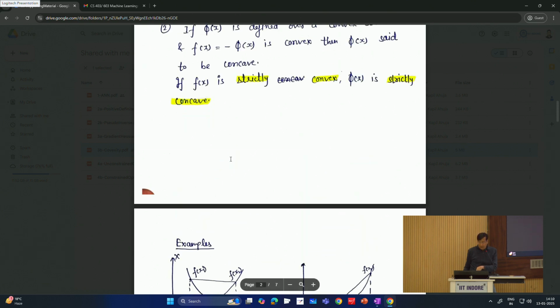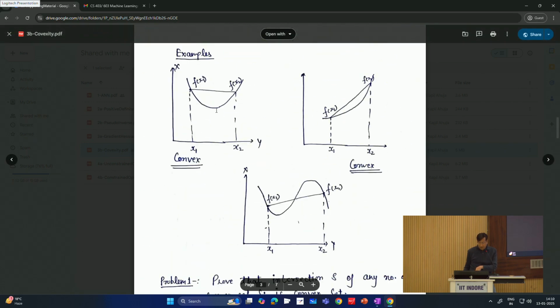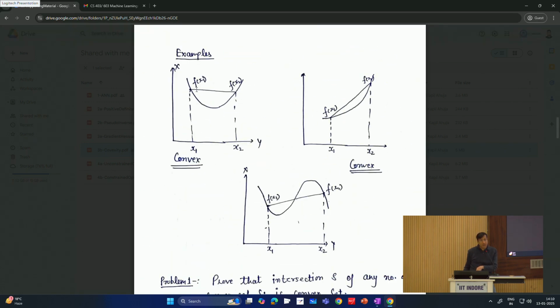And the right hand side, alpha f of x plus 1 minus alpha f of y, is the equation of this line. Or this is the hyperplane and this is the hypersurface of the function. Everybody okay? So understanding by visualization is okay, but while working it out mathematically, you'll have to use the definition.